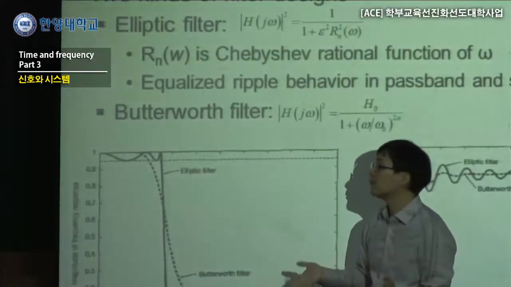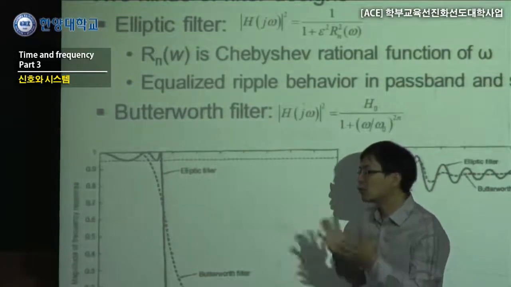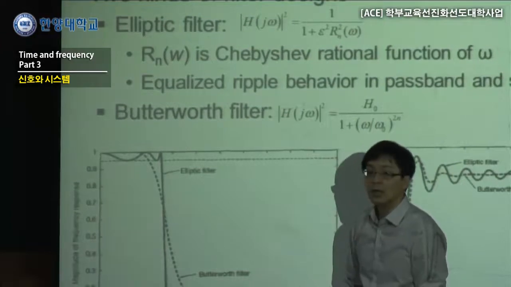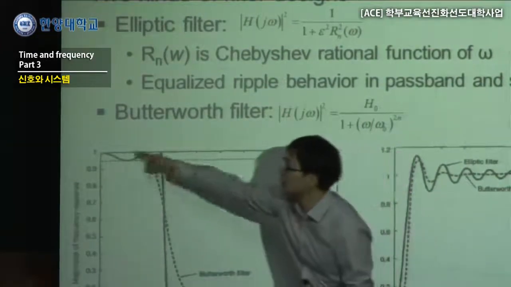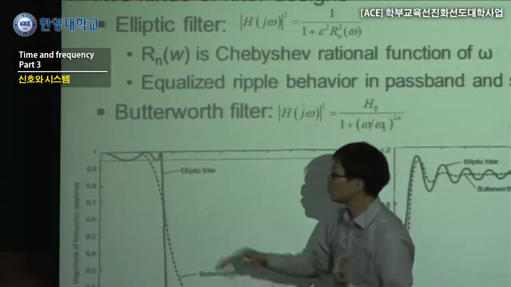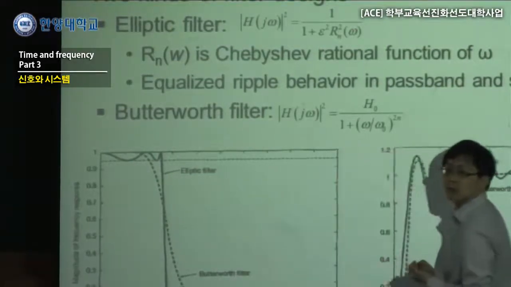That's how we do it. If you say, I really do not want to pass anything in the stopband, or scaling in the passband is a problem for me, my sensor is very sensitive, then you have to select a Butterworth filter.